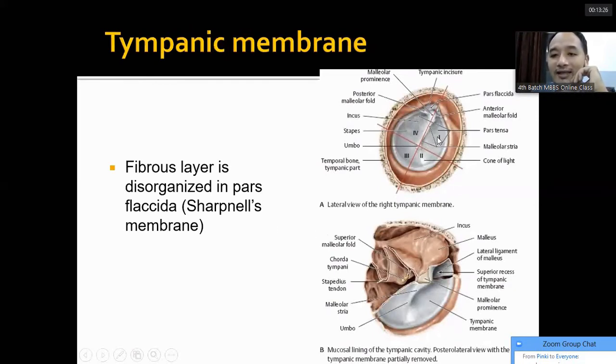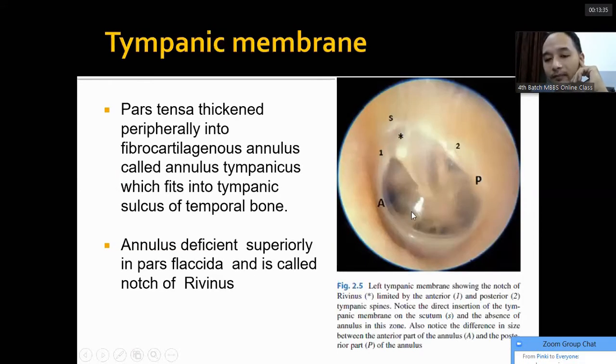The pars flaccida is also called Shrapnell's membrane. Another difference between the pars tensa and pars flaccida is that the margin of the pars tensa is thickened into a fibrocartilaginous annulus. This thickening at the rim of the pars tensa is called the annulus.